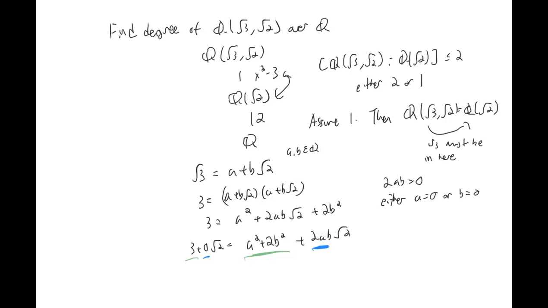So let's check the case where A equals 0. Then from the green underline, 2B squared is 3, and B squared is 3/2. And this is an issue because this would mean B is plus or minus the square root of 3/2, and this is not in Q.